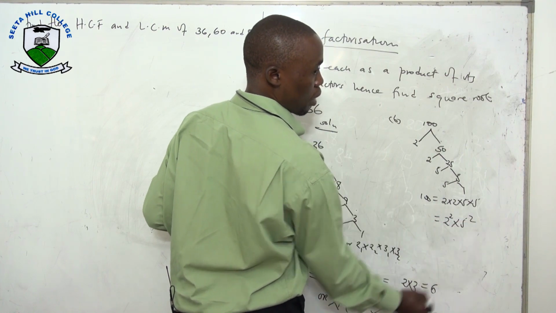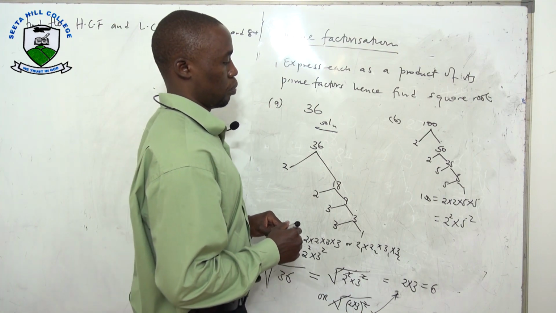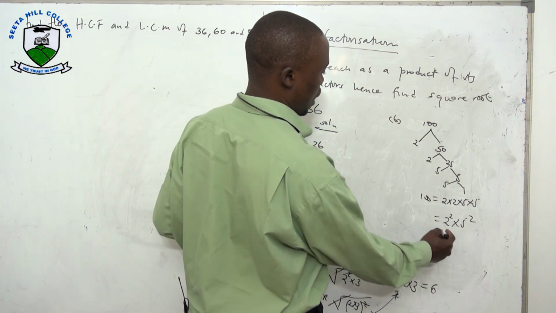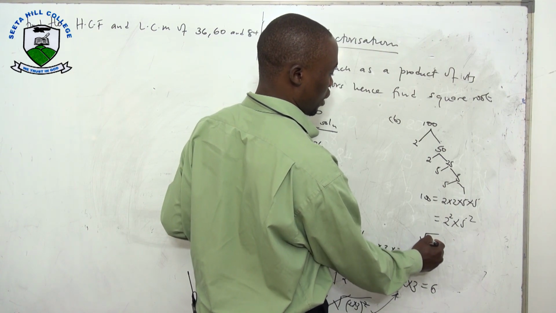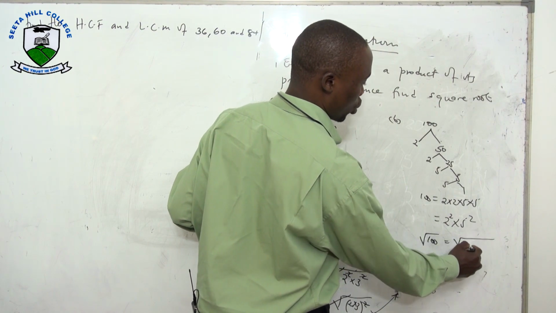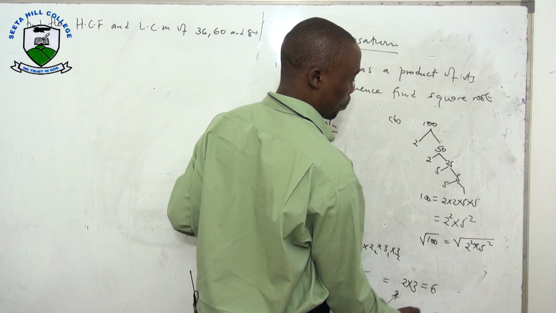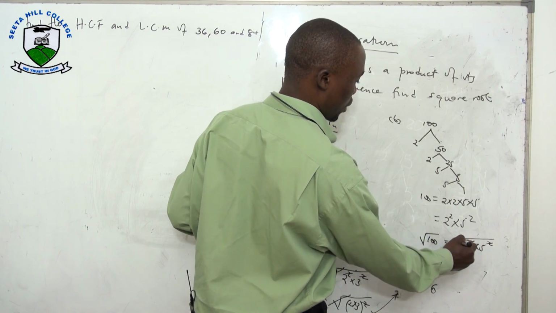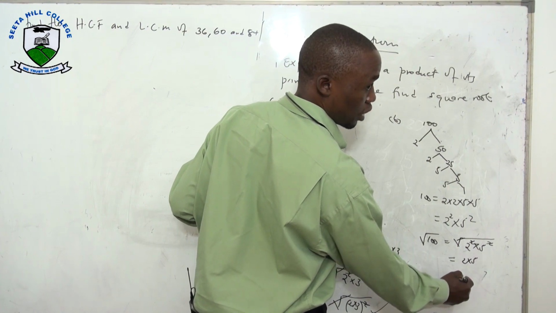That's a product. The square root of 100 will be the square root of 2 squared times 5 squared. Then the squares will cancel, giving you 2 times 5, which is 10.